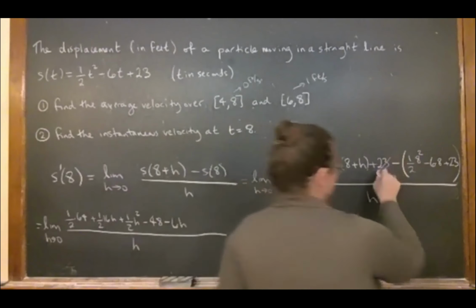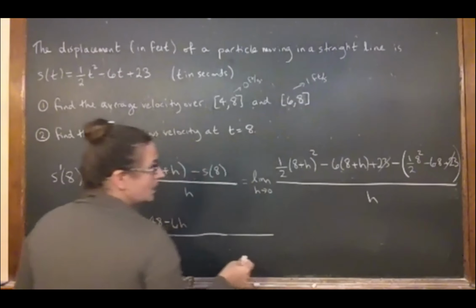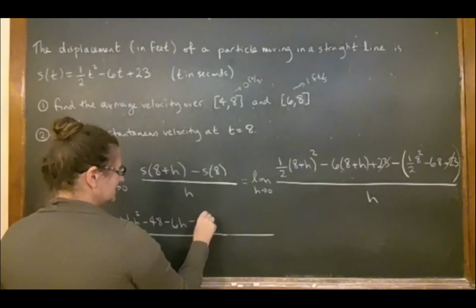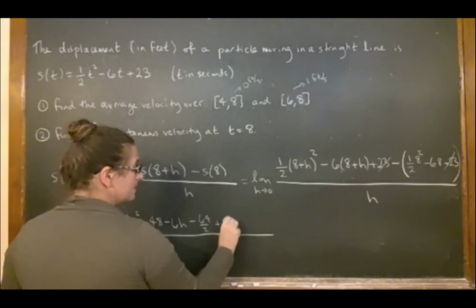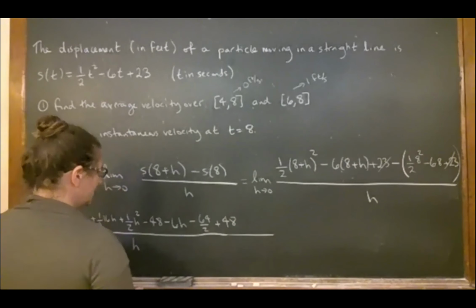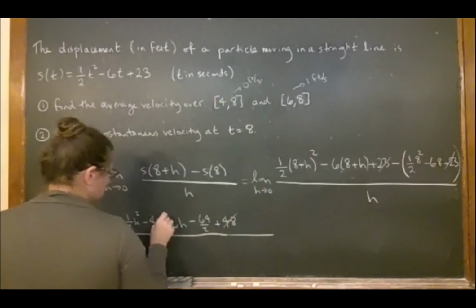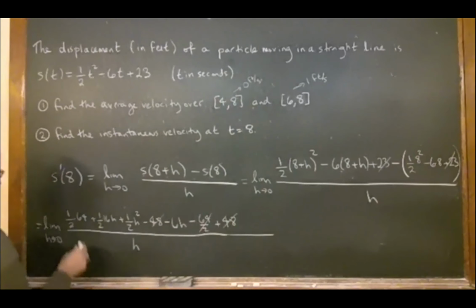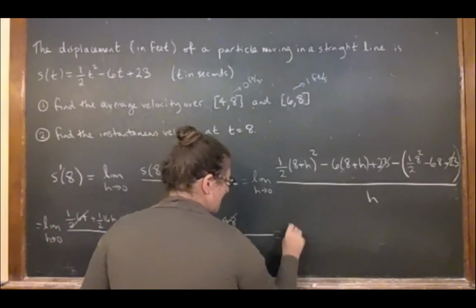These guys we already know they cancel out, right? Minus 64 halves plus 48. So this one is a plus 48. Plus 48 cancels minus 48. These guys cancel out. And now I can collect these a little bit.